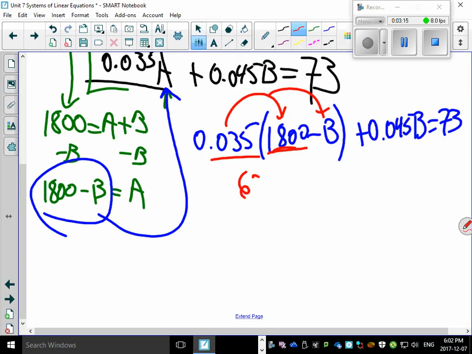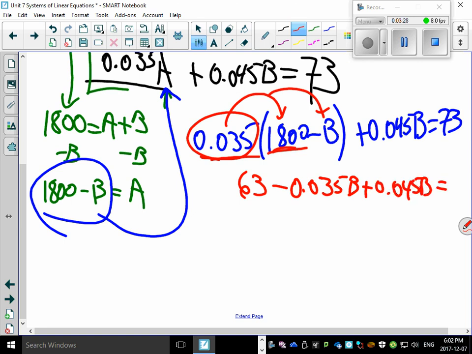63 minus, well, this times minus B, which works out to be minus 0.035B plus 0.045B has to equal 73. Combine like terms, and I know they're decimals, I know they're ugly, but look how nice this works out. Think of it as 45B minus 35B.